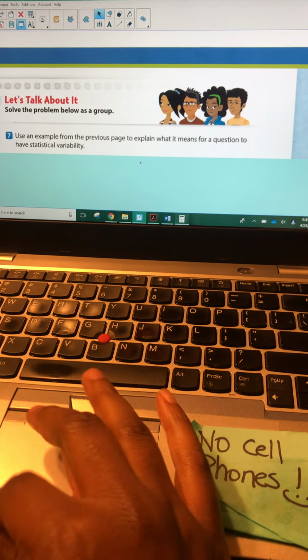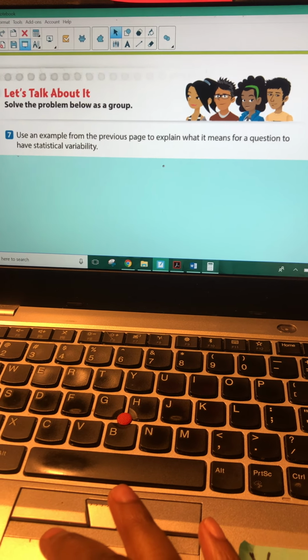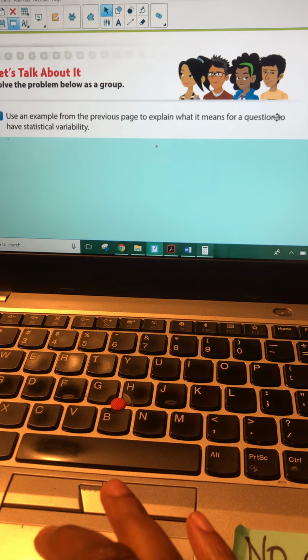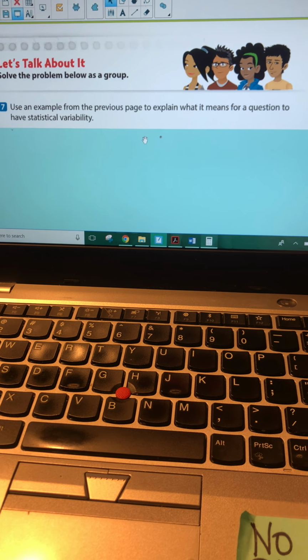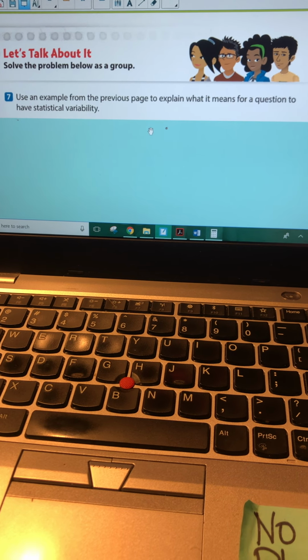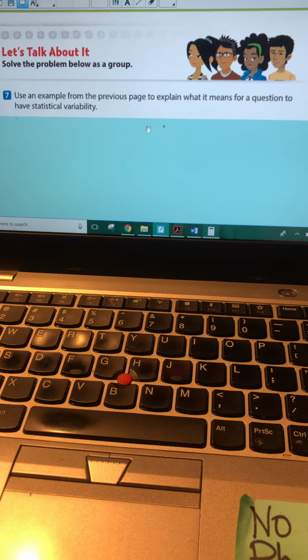Okay. All right. So number 7 says, use an example from the previous page to explain what it means for a question to have statistical variability. And what that means, statistical variability, meaning that you have asked a question and you're able to collect data from it, or you have a question that yields various answers.